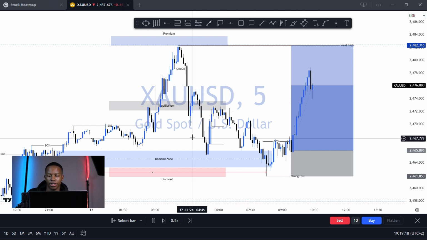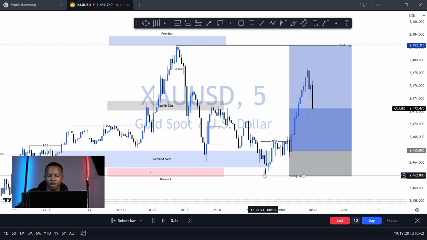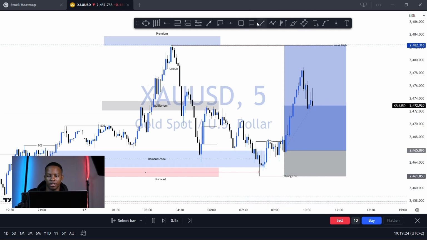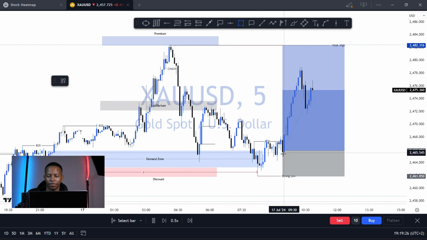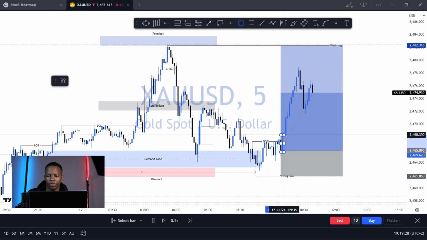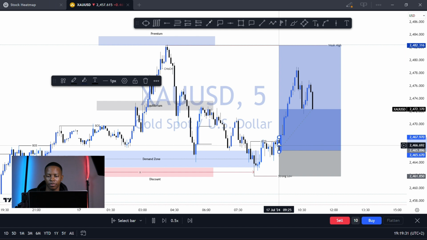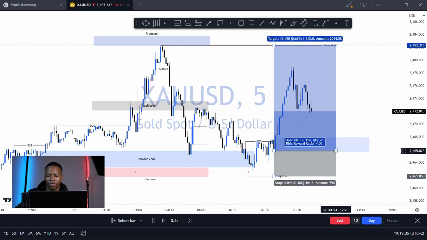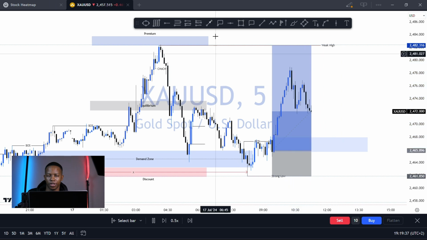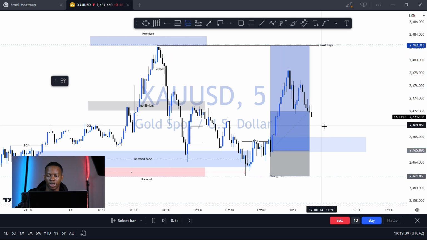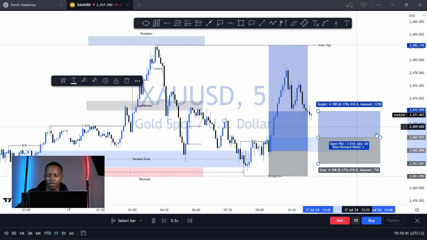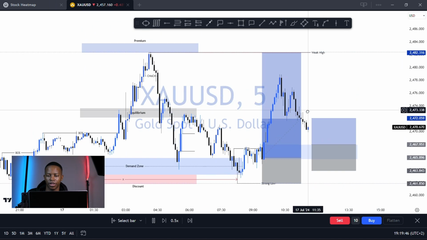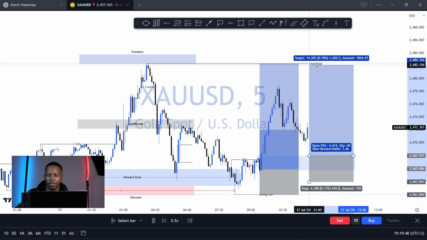So another thing right here I want you to notice is we had a type of demand zone right over here. This was going to be a great area to retake the trade, right?